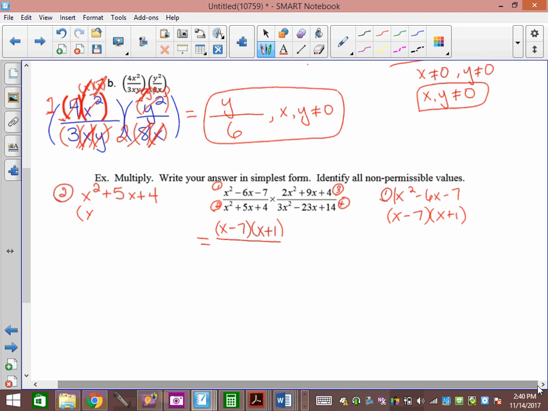And we don't have to do decomp because there's a 1 in front of the x squared. For the multiplication symbol, I'm going to do a dot because the multiplication symbol looks like an x to me.